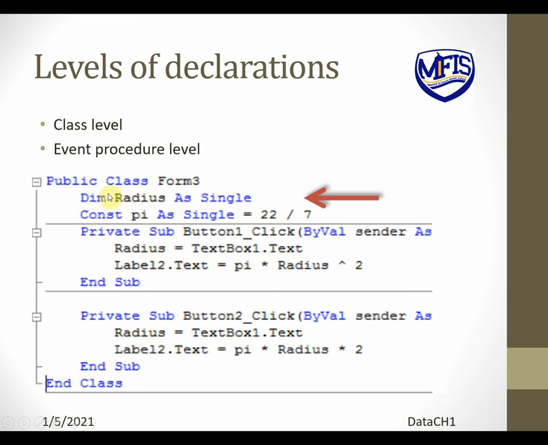So after declaring them on the class level, we will be able to use them in any other place in the class. Then in Button1, we will only write the code of the area of the circle, and in Button2, we will write the code of the circumference of the circle.